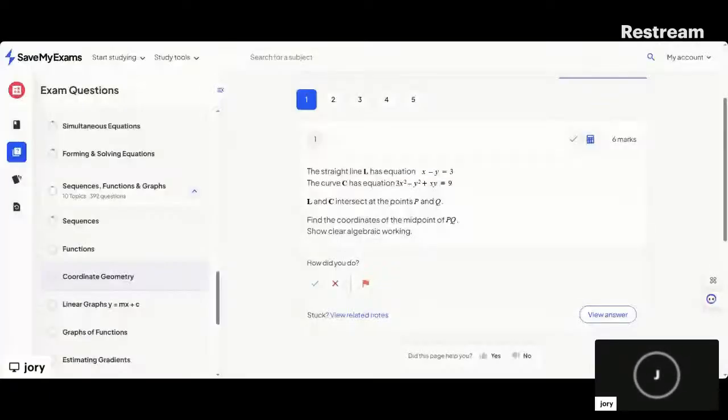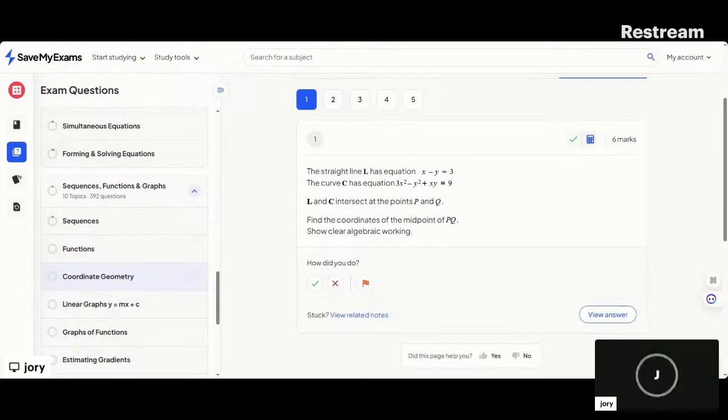Squared minus 3x, add y squared equals 4x squared minus 3x minus 9. Now, this equals x minus 3 squared. So it's going to be x squared minus 6x plus 9.